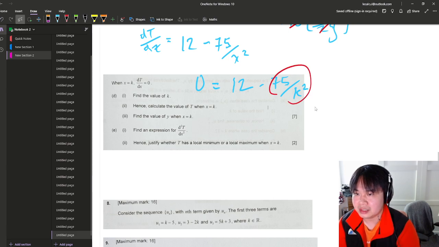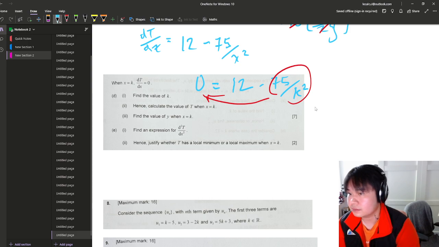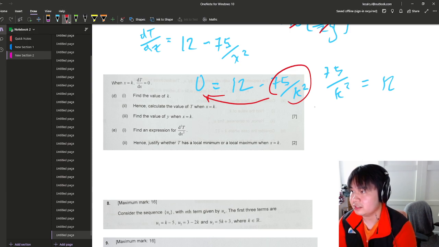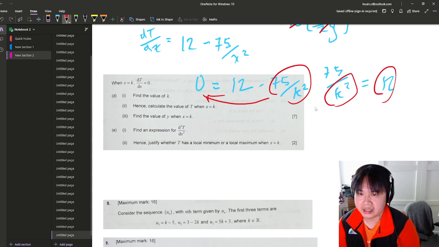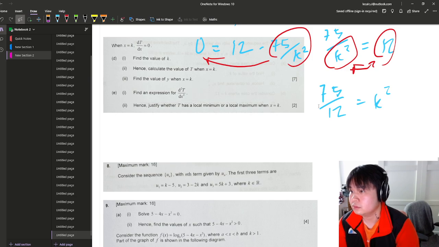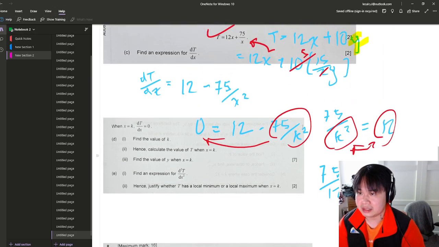Move this thing to the left side. 75 over k squared equals 12. Okay, solving for k. Switch the k squared and the 12. And then we're going to square root this.